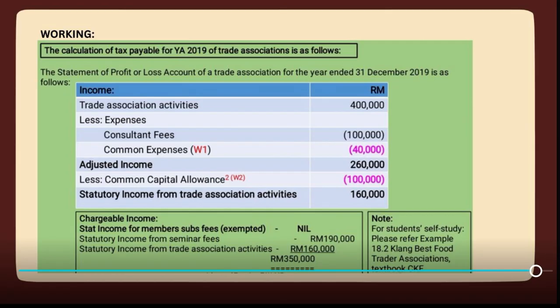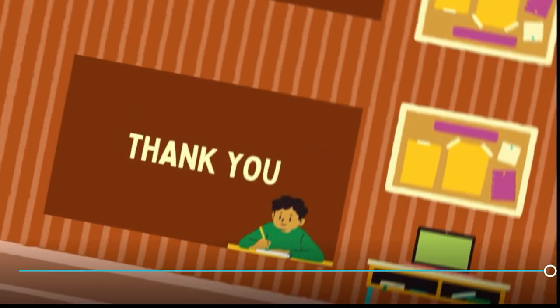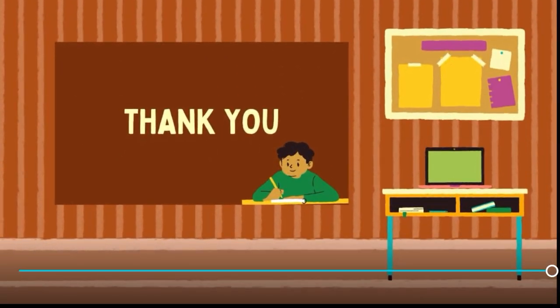Finally, you need to total up the statutory income from members' subscription fees, statutory income from seminar fees, and trade association activities. So the total is 350,000 for the chargeable income.